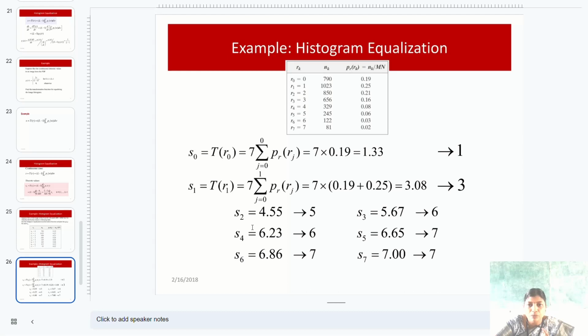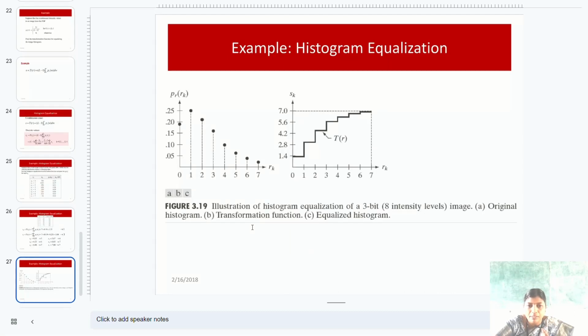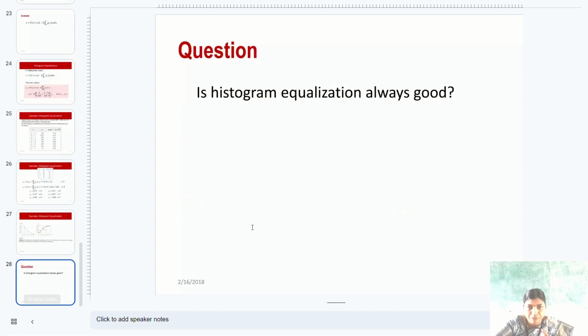From that we can find whether it is a continuous or discrete function, depending upon the values S0 till S7. Then we can mark down the transformation function here. So intensity values can be marked here, and the equalization function and histogram have also been calculated.